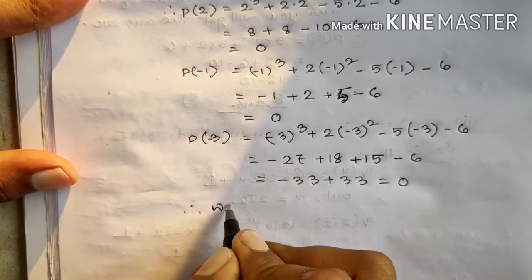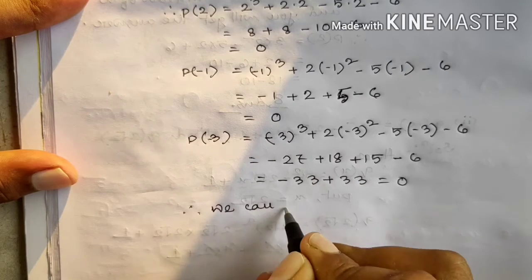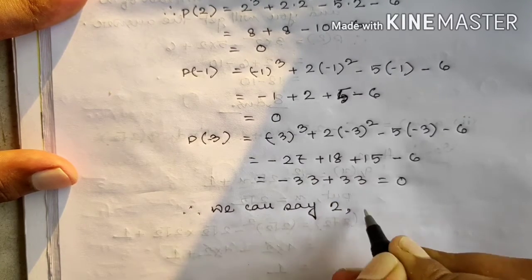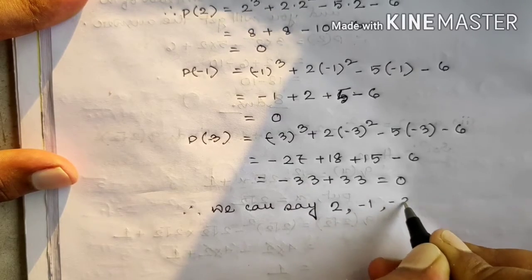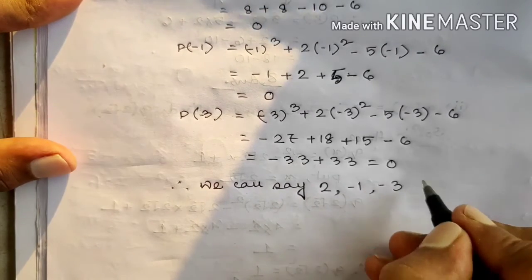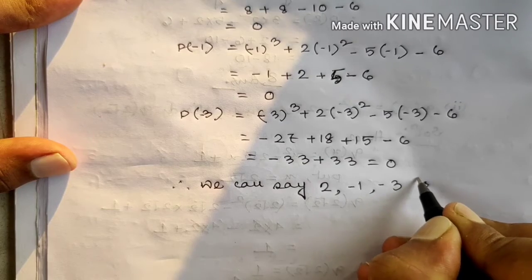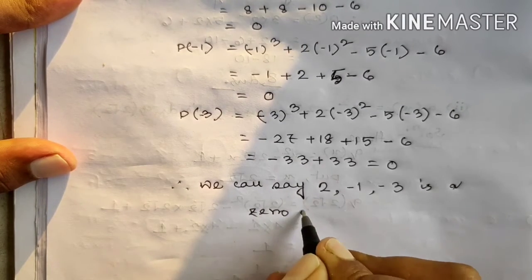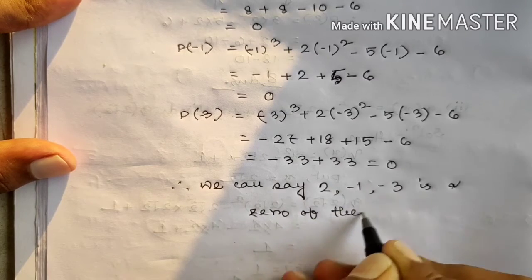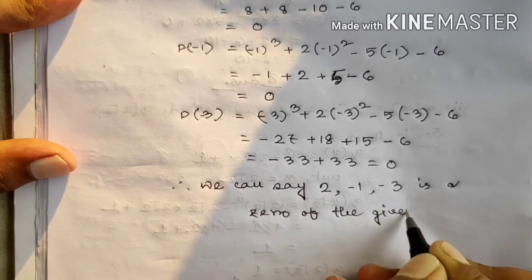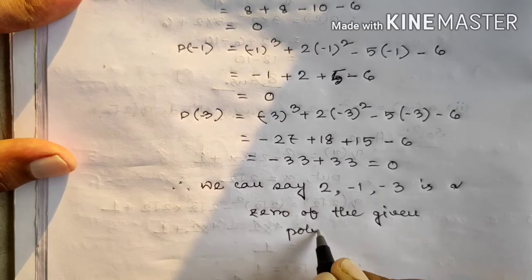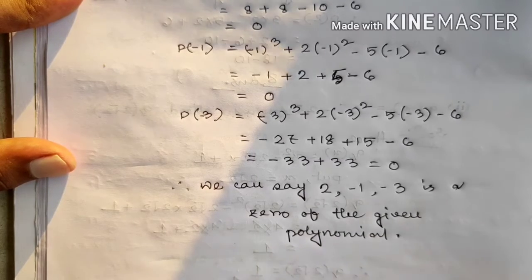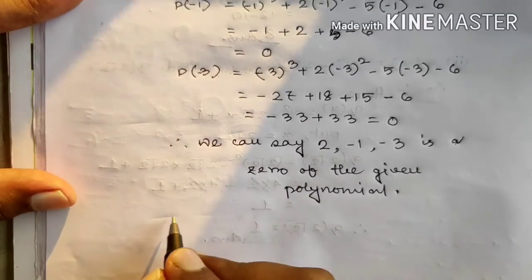Therefore, we can say 2, minus 1, minus 3 are zeros of the given polynomial, since for the values 2, minus 1 and minus 3 the polynomial p of x gives 0. Now the check point, p of 0.